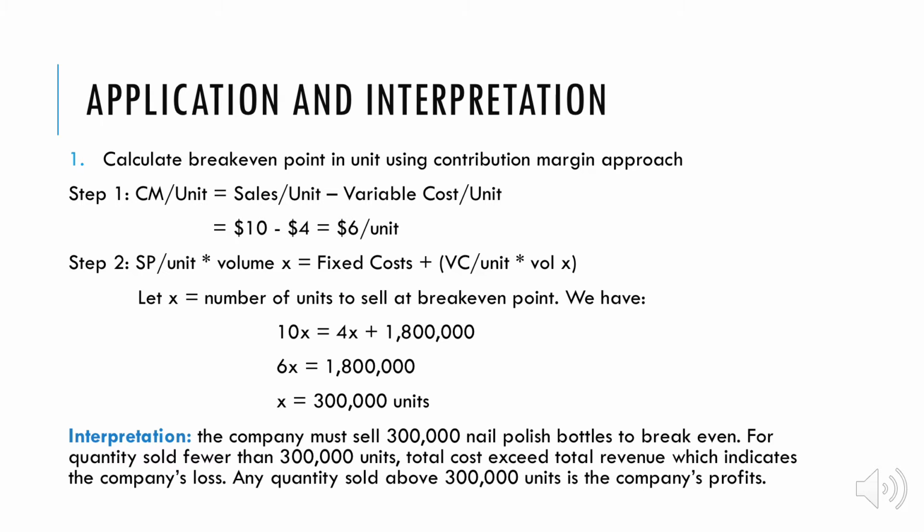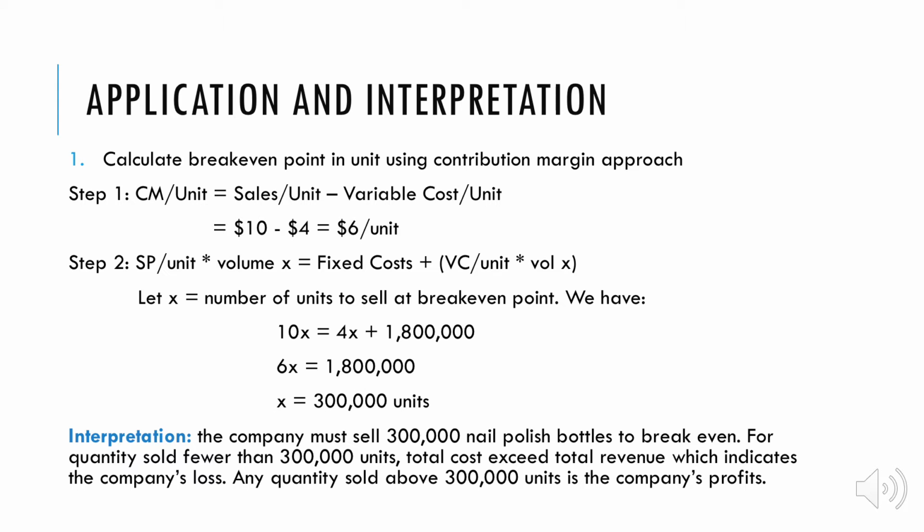First, we will calculate the break-even point in unit. We will need to figure out the contribution margin per unit. We have sale unit is $10, subtracted by the variable cost $4 per unit. It gave us the contribution margin per unit is $6. The second step is using the break-even equation to calculate the number of units the company needs to sell to break even.